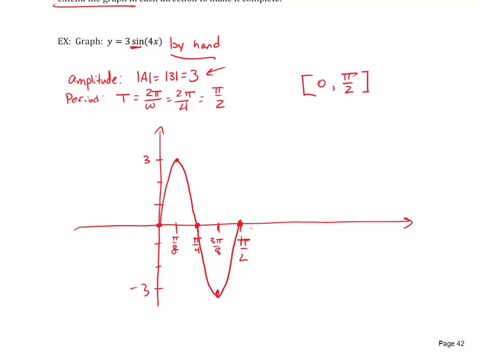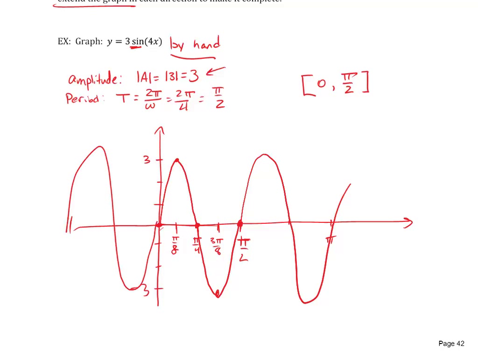If you go another pi over 2, the same distance again to here, 2 of those are going to be pi. It's going to repeat itself. Go up and down and back. If I went the same distance over here, it's going to go down, back up, and boom, like that. So there's your graph of 3 sine of 4x. Just like that. That's all there is to it.